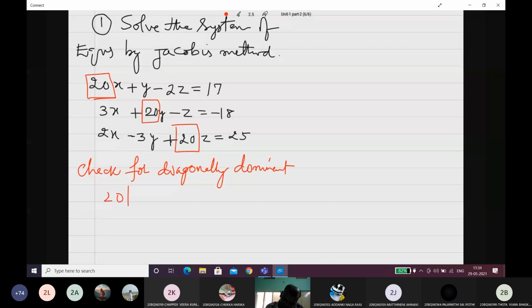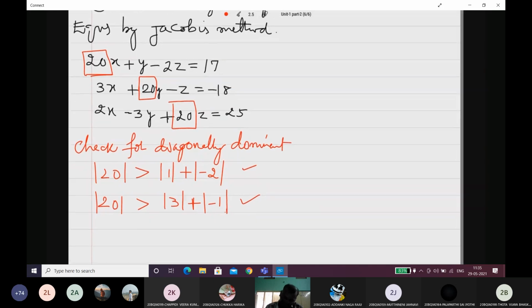Mod 20 is greater than mod 1 plus modulus of minus 2, so 1 plus 2 is 3. 20 is greater than 3, true. Second equation, mod 20 is greater than mod 3 plus modulus of minus 1, which is 4. 20 is greater than 4, also true.